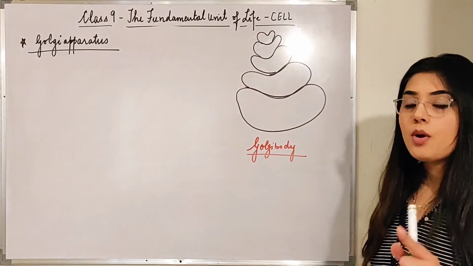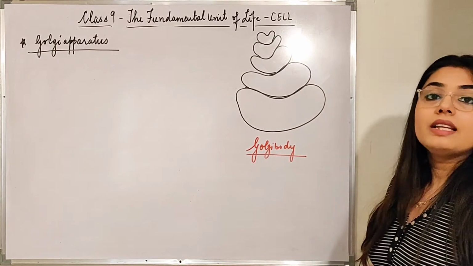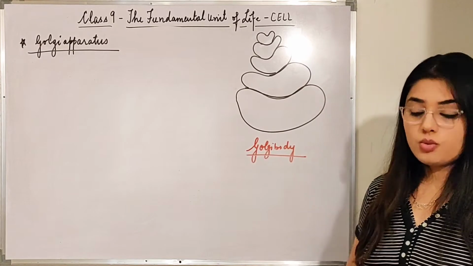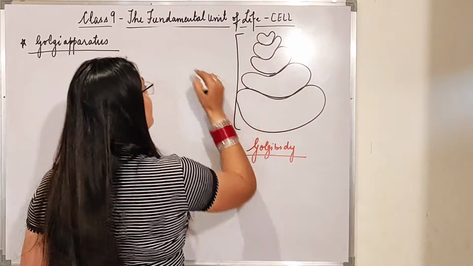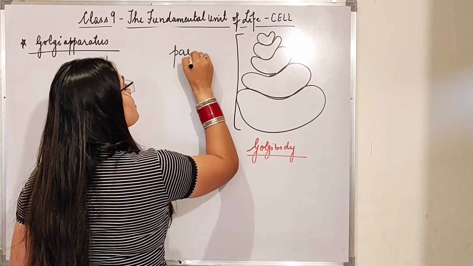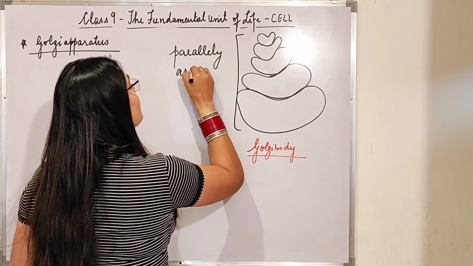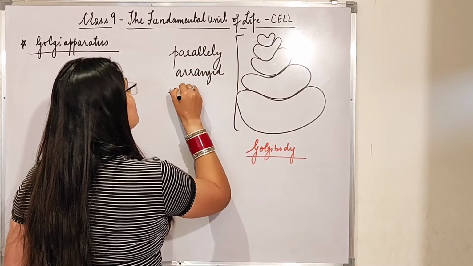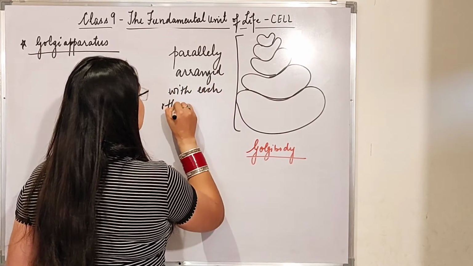So beta, Golgi body or Golgi apparatus is a structure in which there are stacks which are parallelly arranged to one another, with each other in stacks.